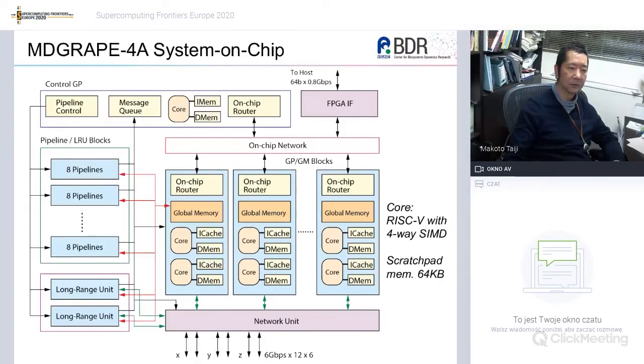So finally, this is the final form of our system-on-chip. It's very complicated, a combination of very different units: the general-purpose core part, network unit, some control processors and on-chip network, the host interface, the non-bonded pipeline, and the long-range calculation part.